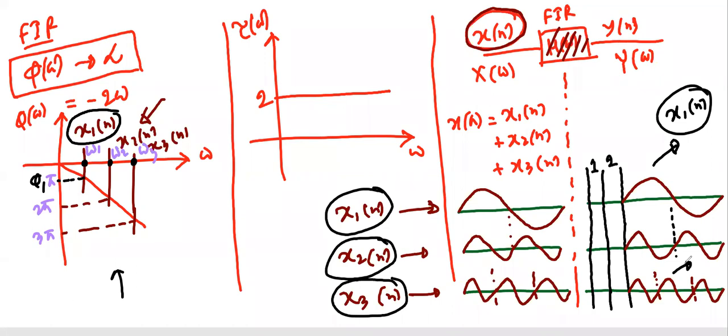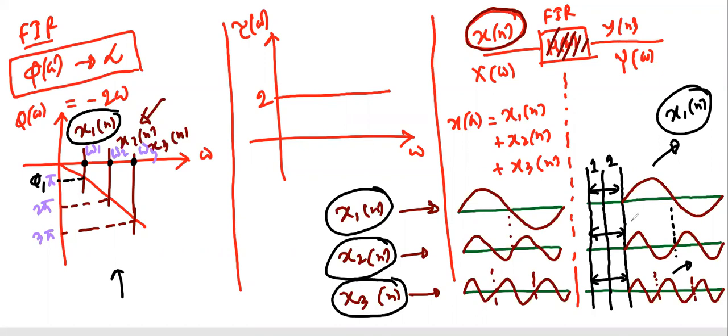From the time domain, it is very clear that for x1[n], that is 2 samples. For x2[n], that is 2 samples. And for x3[n], that is 2 samples. Physically, those are the 2 samples.